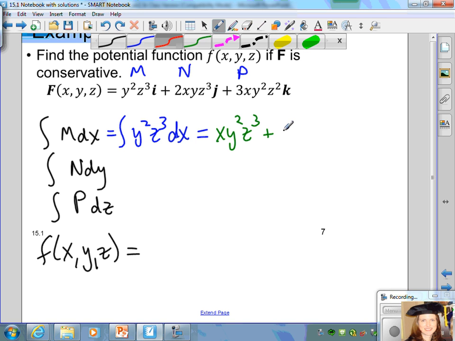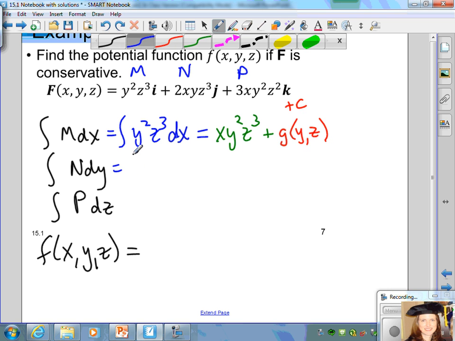So we can add a function of constants with respect to x, so it could have other y's and z's in it. So I'm using g of y, z instead of a regular plus c as you would do in basic integration.